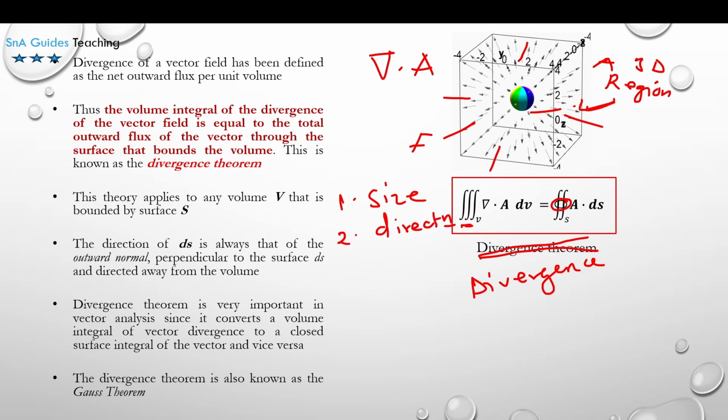It has a size and then a direction. The rule is that dS always points outward, away from the interior of the volume, perpendicular to the surface of the patch.